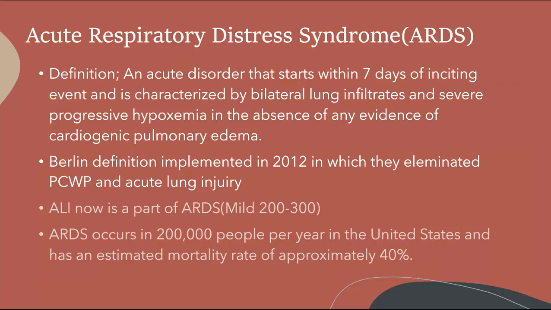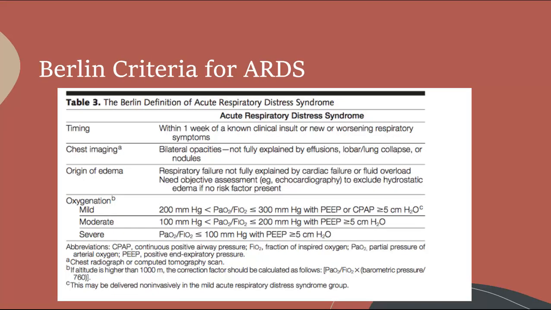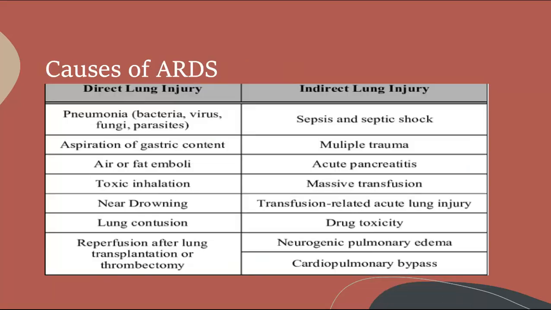So this is the same here. The incidence of ARDS is 200,000 per year in the United States, and mortality reaches about 40%. This is really before COVID, so it's most likely higher now. So this is the Berlin criteria of ARDS, the same that we discussed.